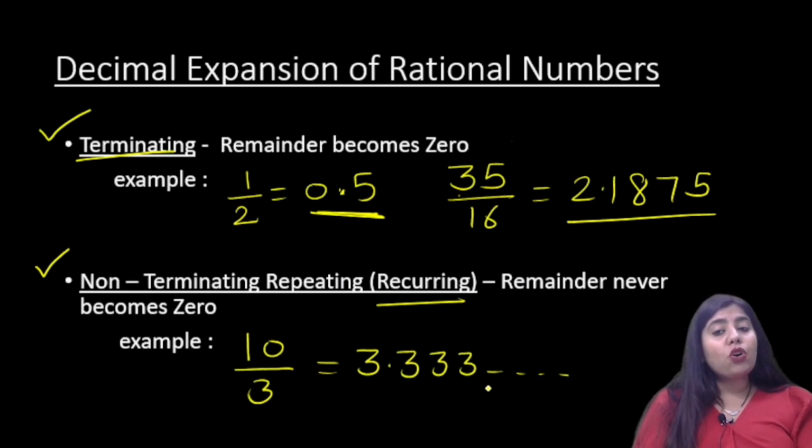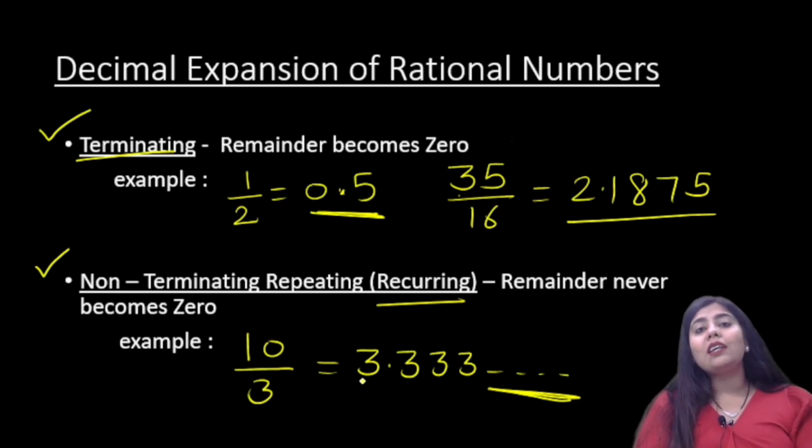It is non-terminating, meaning it continues, and it is following a pattern. 3 is repeating every time. It means it is recurring. It means we can say that it is non-terminating repeating decimal expansion, or another term, non-terminating recurring decimal expansion.